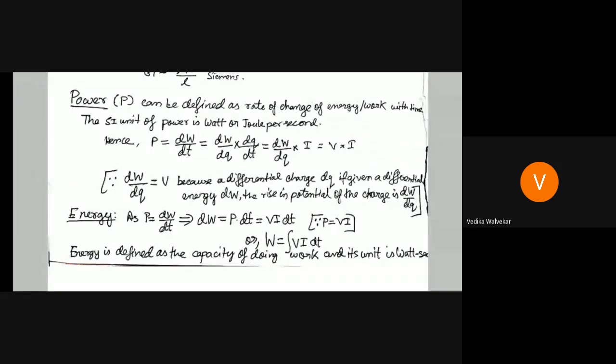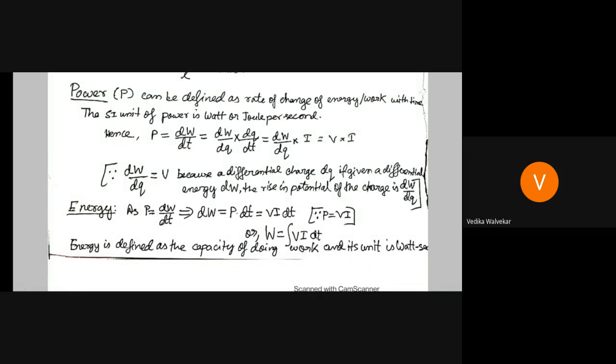Hence, capital P is equal to dW/dt, that is the rate of change of work. Whenever there is rate of change of work, we represent it by differentiation, right? So now I'm writing it as dW/dt as I'm bringing in charge. Remember the concept of charge. So I'm bringing it so that it cancels crisscross. So dW divided by dQ into dQ by dt. Now what is dQ by dt? It is current.